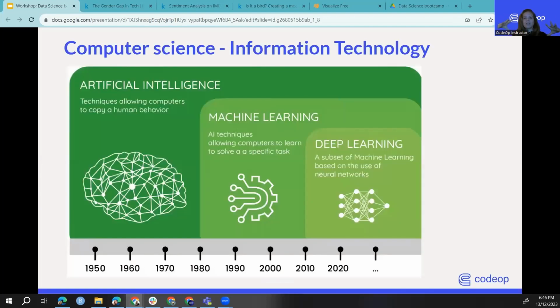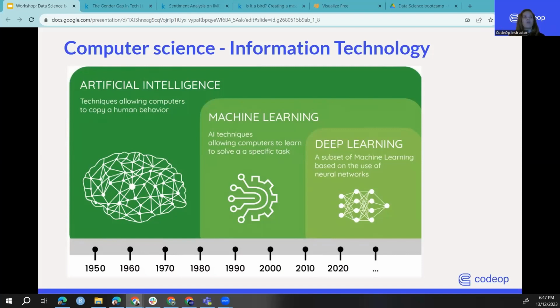So computer science or information technology embraces a lot, right? It's not just one thing. It's everything to do with computers and information technology. So AI is now everywhere and is a huge trend, as you've probably seen. And you may think it's something new that we just recently discovered, and it's not. It started long ago in the 50s, and AI only refers to techniques allowing computers to copy human behavior.